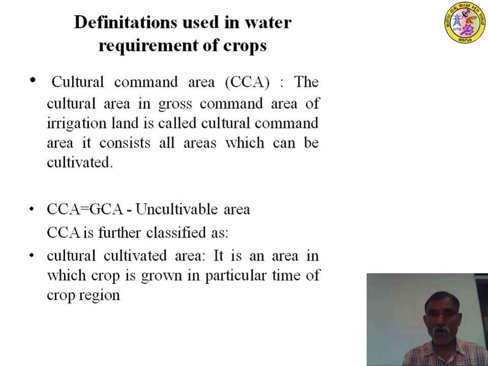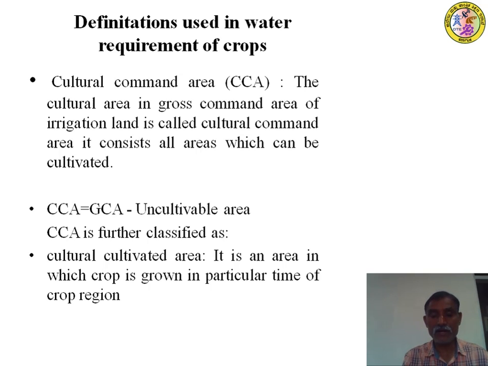It consists of all areas which can be cultivated, where you are using the land for growing crops. That's called cultivable. Cultivable means it is irrigable. Cultivable command area, or ICA, irrigable command area, one and the same.